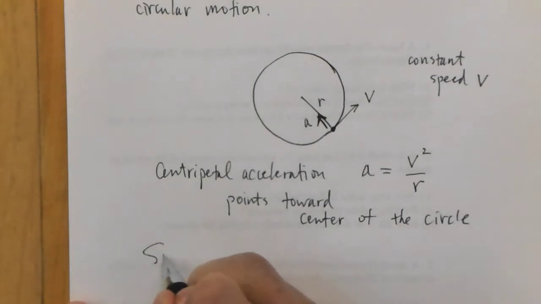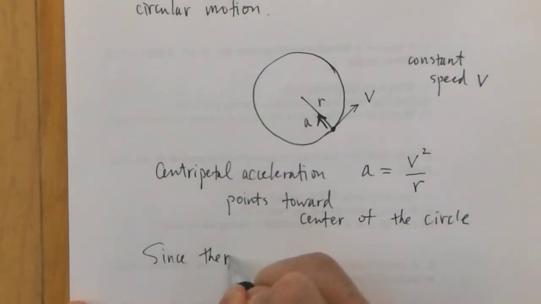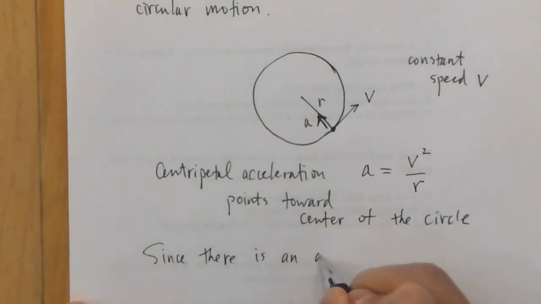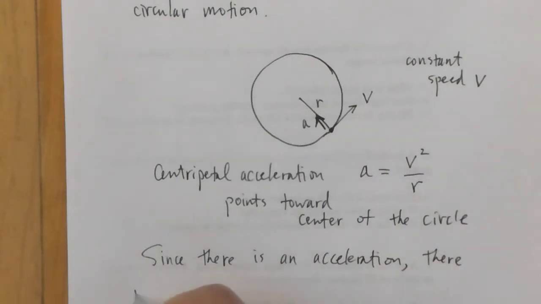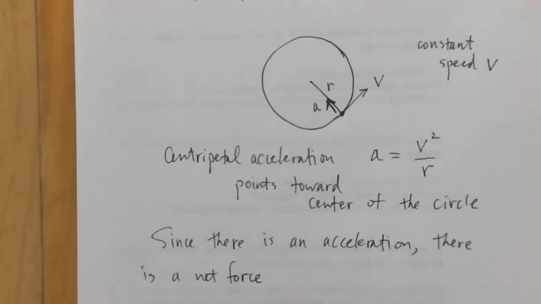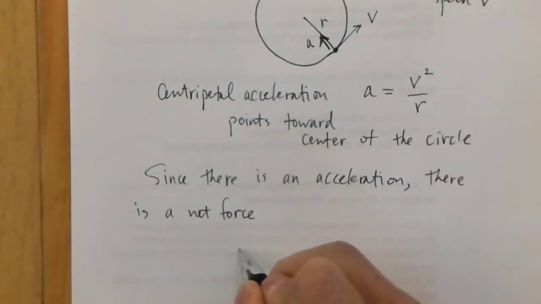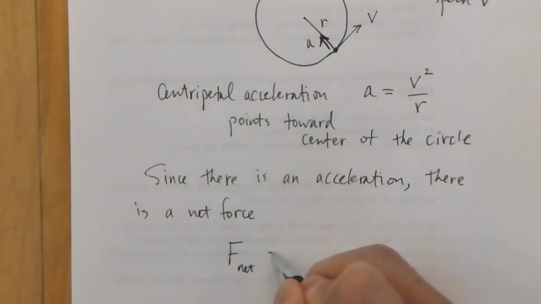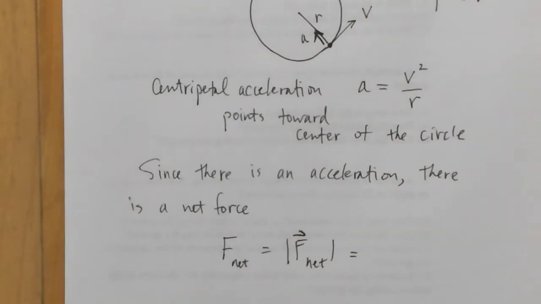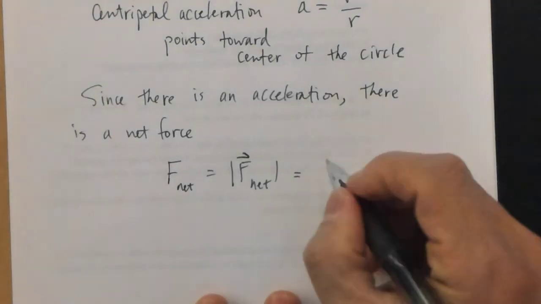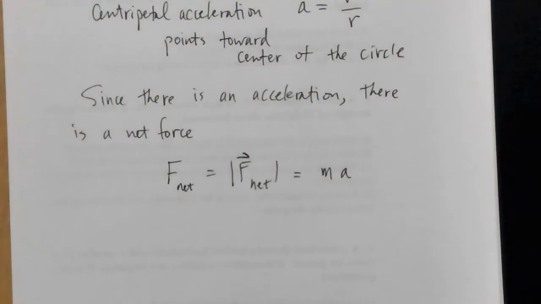Since there is a net acceleration, there is a net force by Newton's second law. If we just talk about the magnitude of the net force, stripping away the direction, that will be equal to the mass times the acceleration.